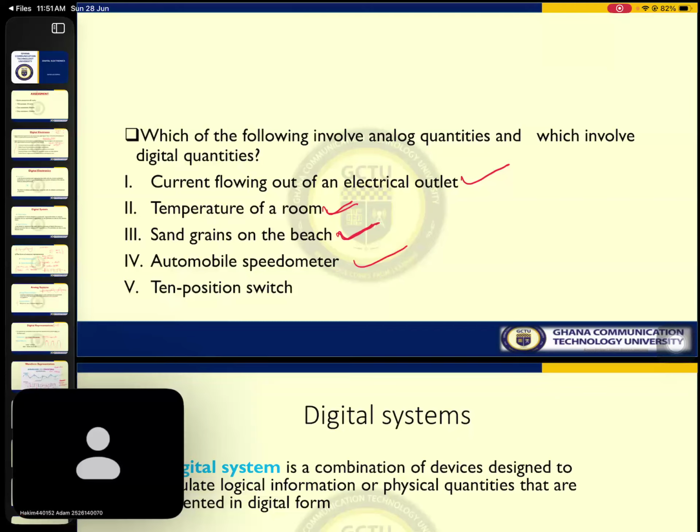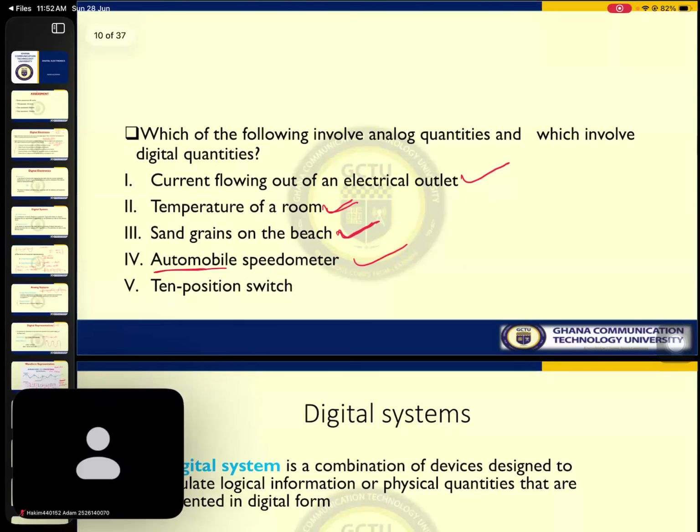So it's analog, because the pointer moves continuously. If it is a digital display speedometer, it is different, because the display is digital. But the automobile speedometer is usually treated as analog.